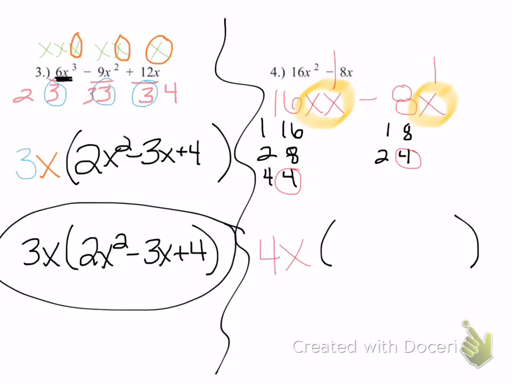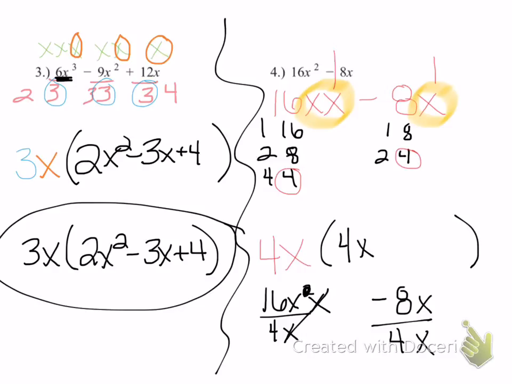So I've got 16x squared divided by 4x. Well, we know that 16 divided by 4 gives me 4. Then I've got x squared, which is like writing xx. Well, these cancel out. I have 1x left over. Then I've got my minus 8x, and I'm dividing by 4x.